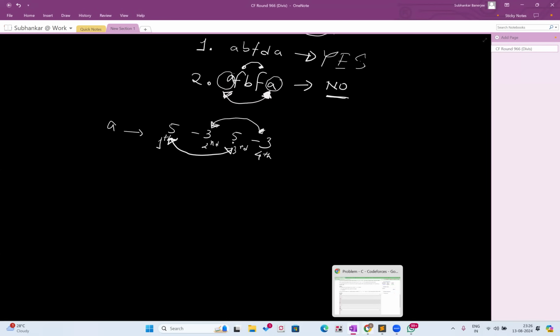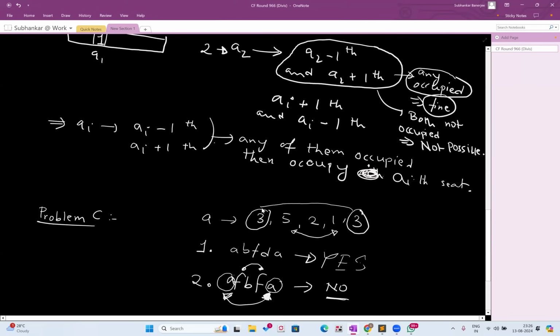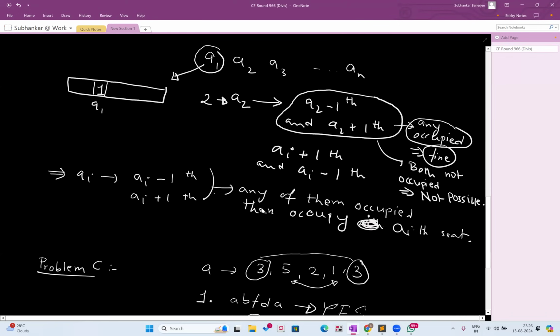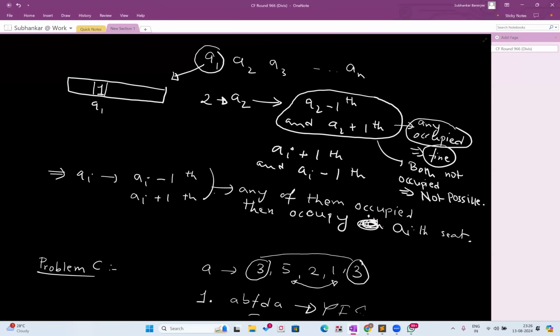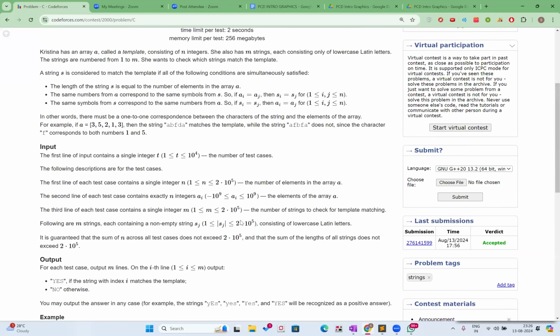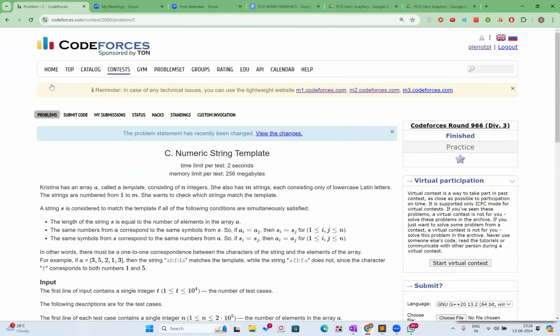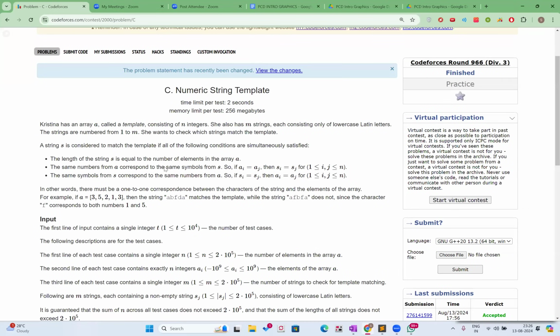Sir, what will be the worst case time complexity for the previous question? Okay, I'll discuss the time complexity for the previous question as well. I'll show you my code for the previous question once more, and I'll discuss this one at the end.